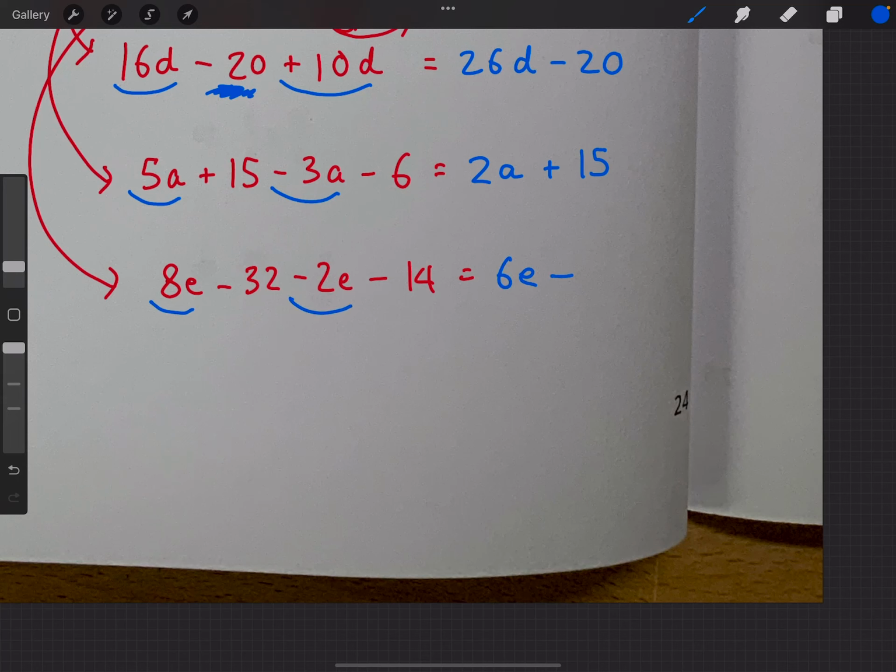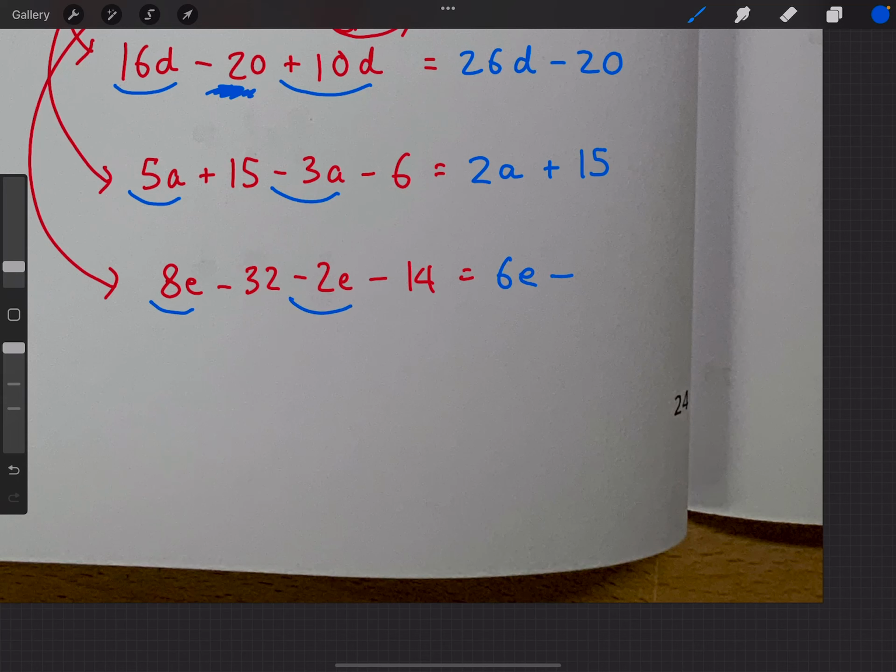And 9c minus 3c is just 6c. And now we have to simplify this as well. We can look at the top and bottom. And we can see that the 6 I can divide by 2, I will get 3. And the 10 I can divide by 2, I will get a 5. So the answer is 3c over 5.